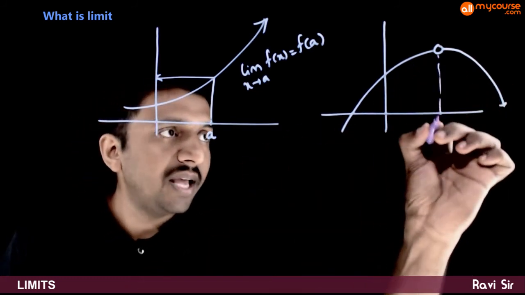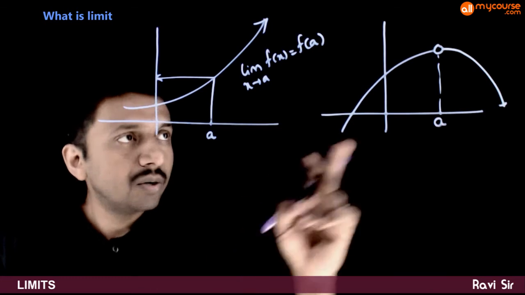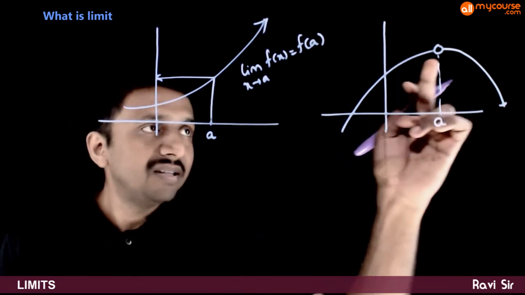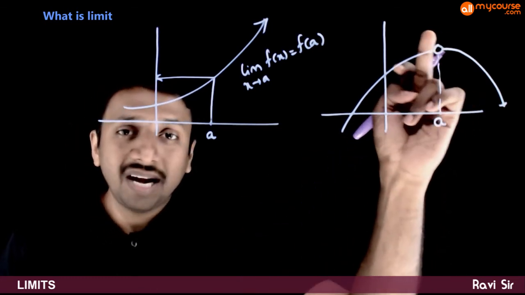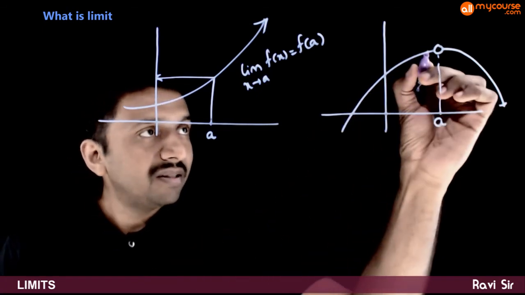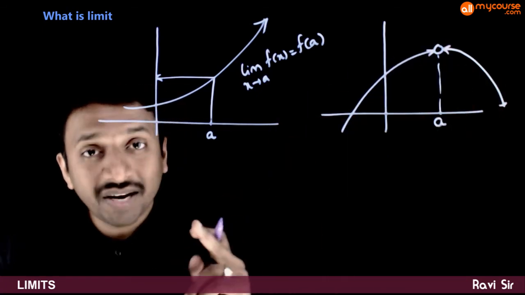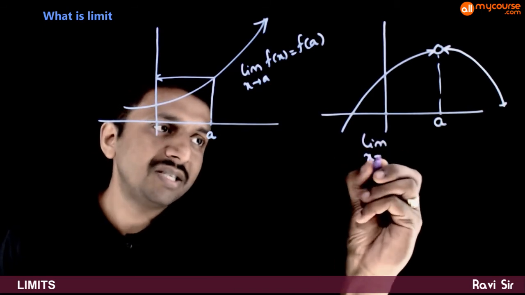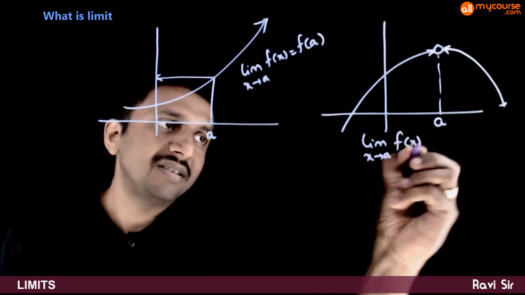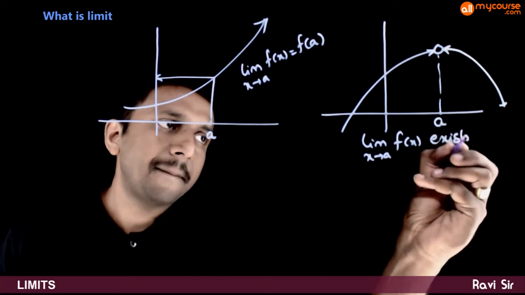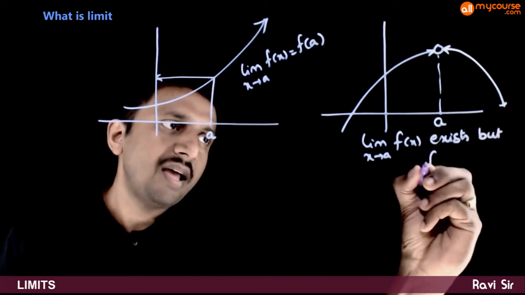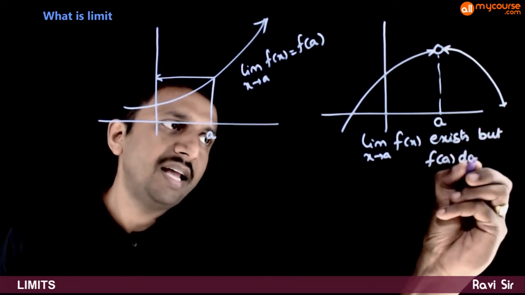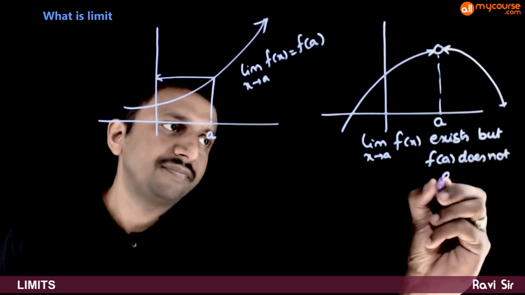at x equal to a, this is an example where the functional value at a does not exist, but the value of limit x tends to a exists. So here limit x tends to a f of x exists, but f of a does not exist.